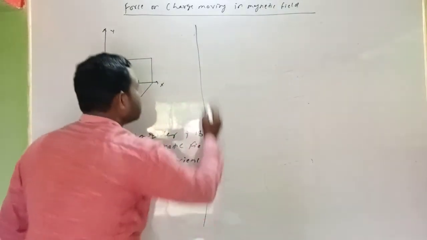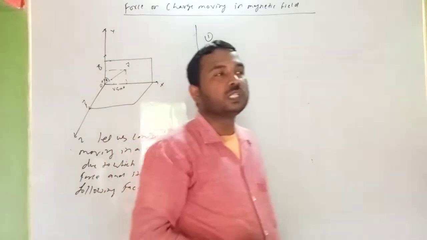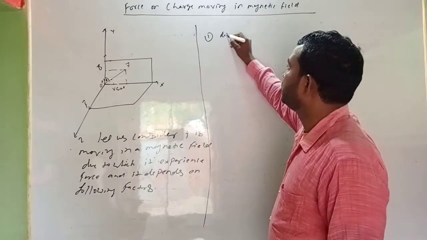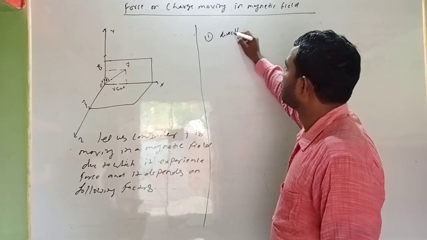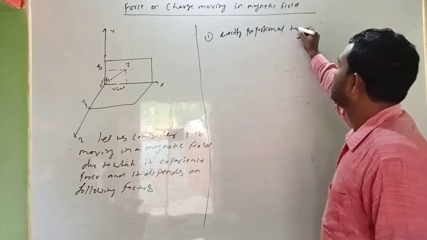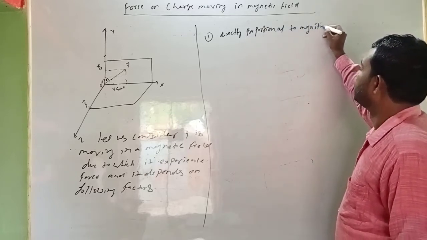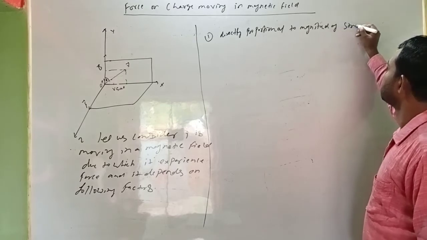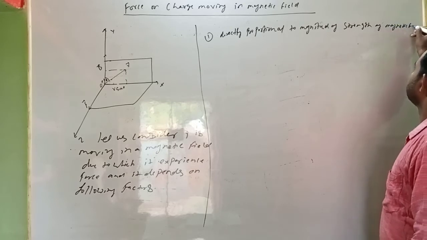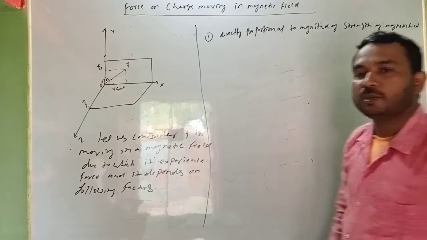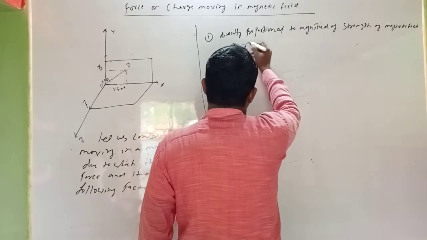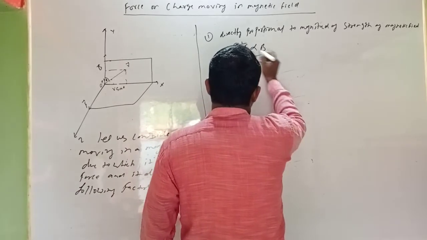What are the factors? First, it is directly proportional to the magnitude of the strength of the magnetic field. A strength of magnetic field means F is directly proportional to B. Very good. F is directly proportional to B.